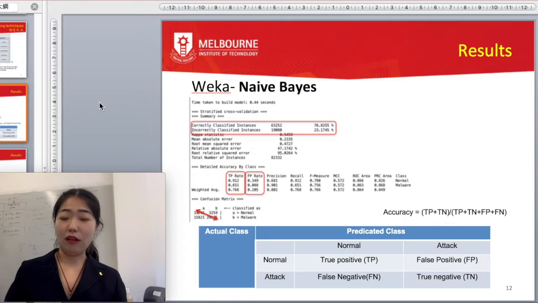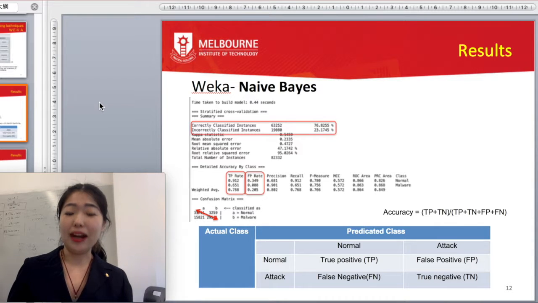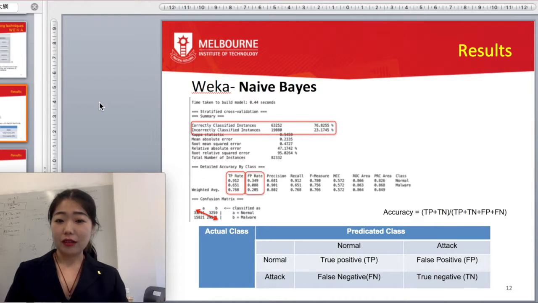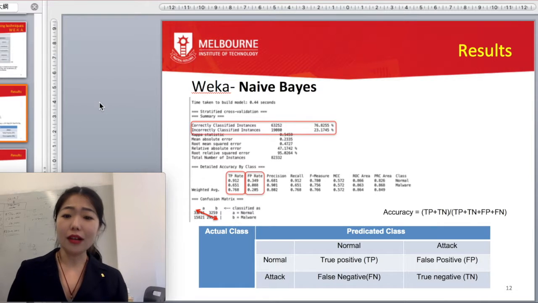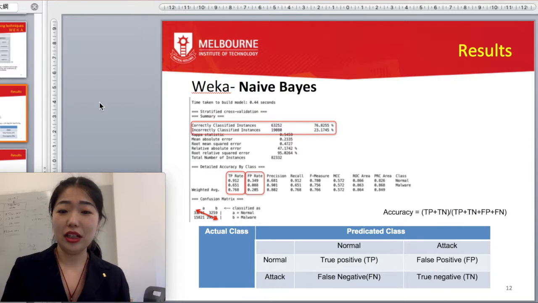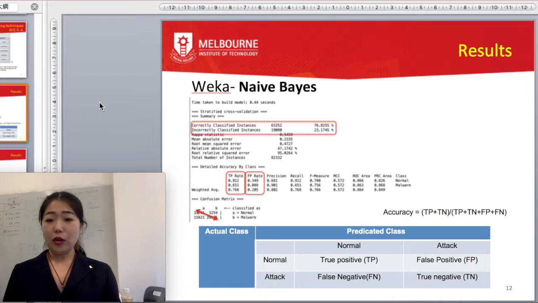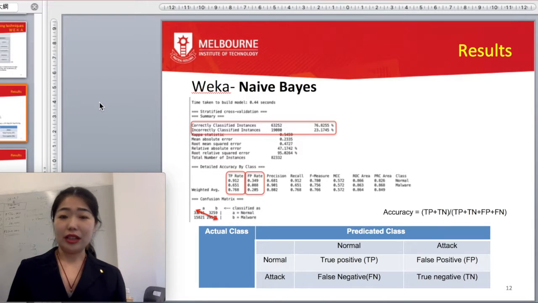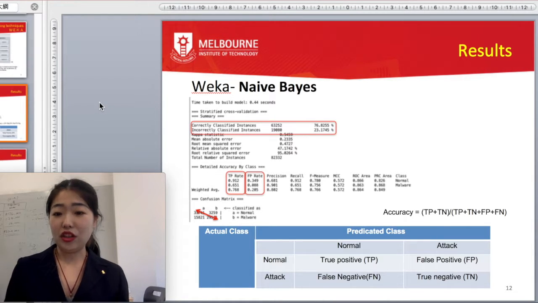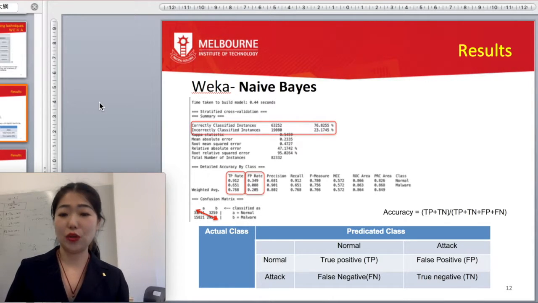Naive Bayes is one of the methods that we applied in Weka, and here is the result of Naive Bayes. But how does it work? All the data analysis is based on the predicted class table. When we predict positive and it is actually positive, it is a true positive.